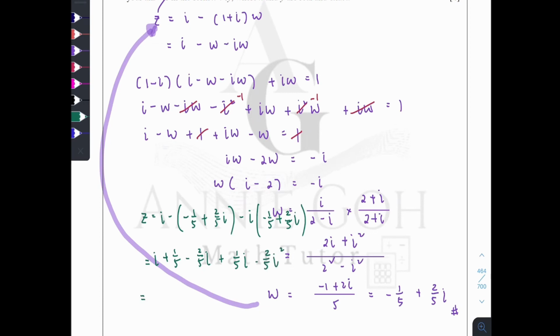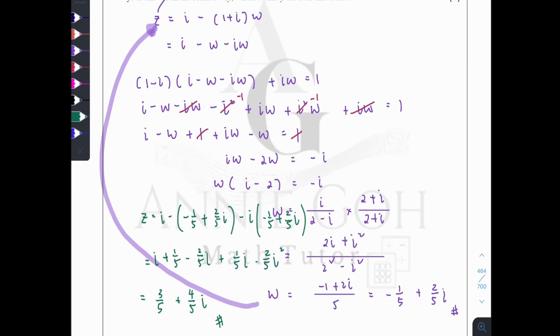So you just need to add all the real parts together. The i squared is a -1, and hence here becomes a positive. So the real part is 1/5 plus 1/5 plus 2/5, which gives 3/5. And for the imaginary part, it is 1i minus 2/5 i plus 1/5 i, which gives us 4/5 i.